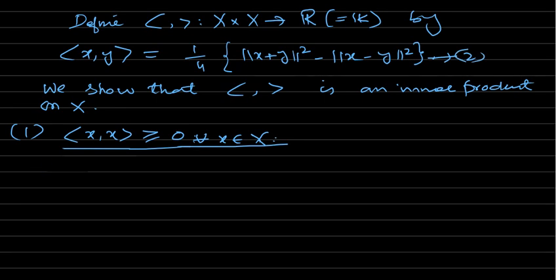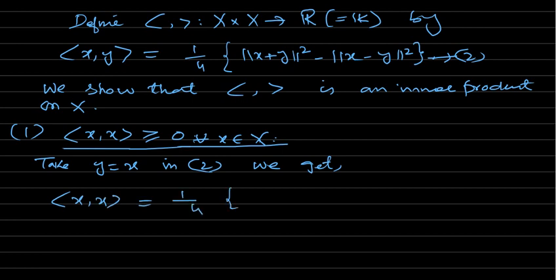Take y equal to x in 2, we get inner product of x with x is equal to 1 by 4 times norm of twice x whole square, then minus 0.